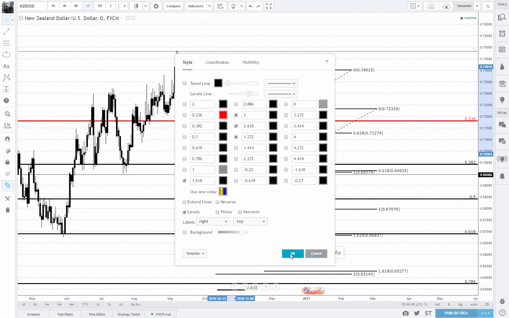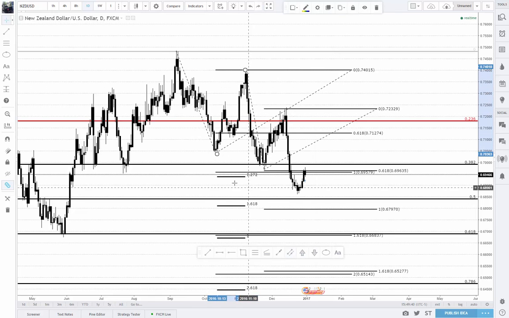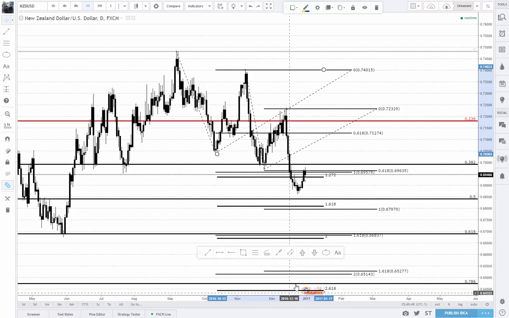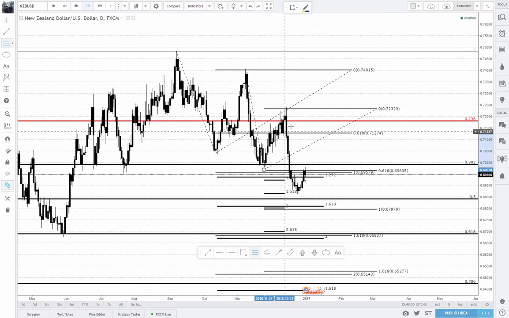So we're extending. So what that just did was it brought levels down here below us. I'm going to go ahead and spread these over. Then I'm going to do this one as well.